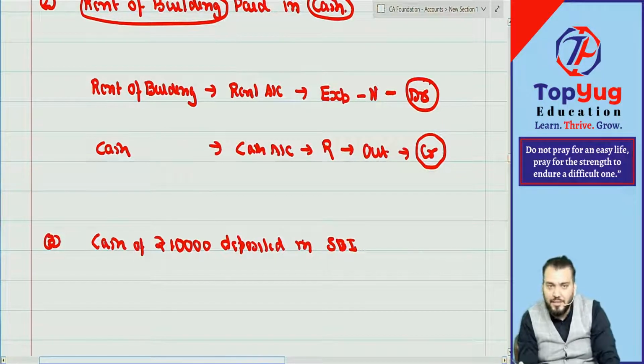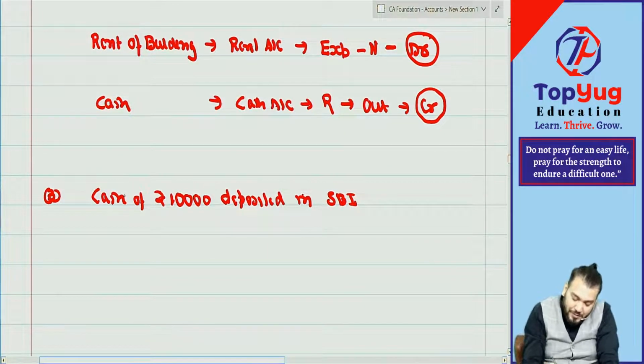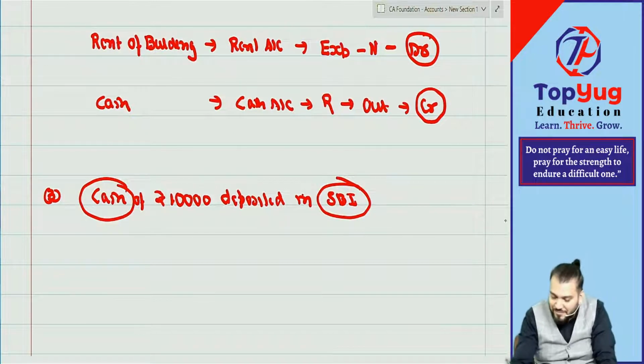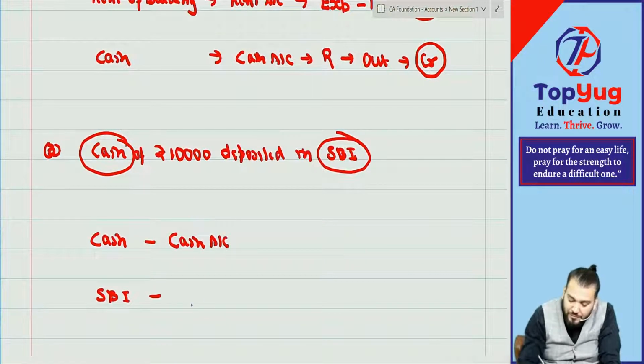State Bank of India. Correct? Tell me, what are the two aspects? Cash and State Bank of India. So can you say we will say cash and State Bank of India. For cash which account? Cash account. For State Bank of India.